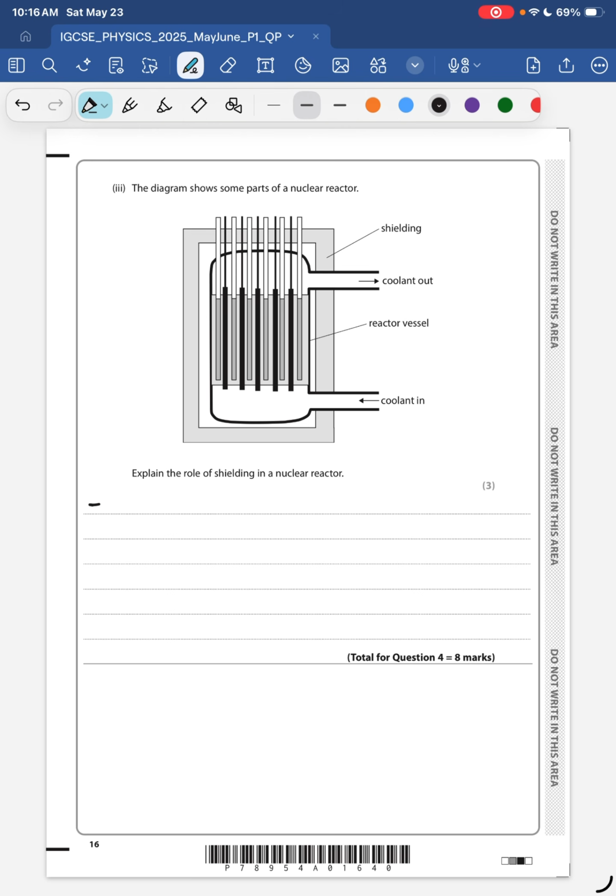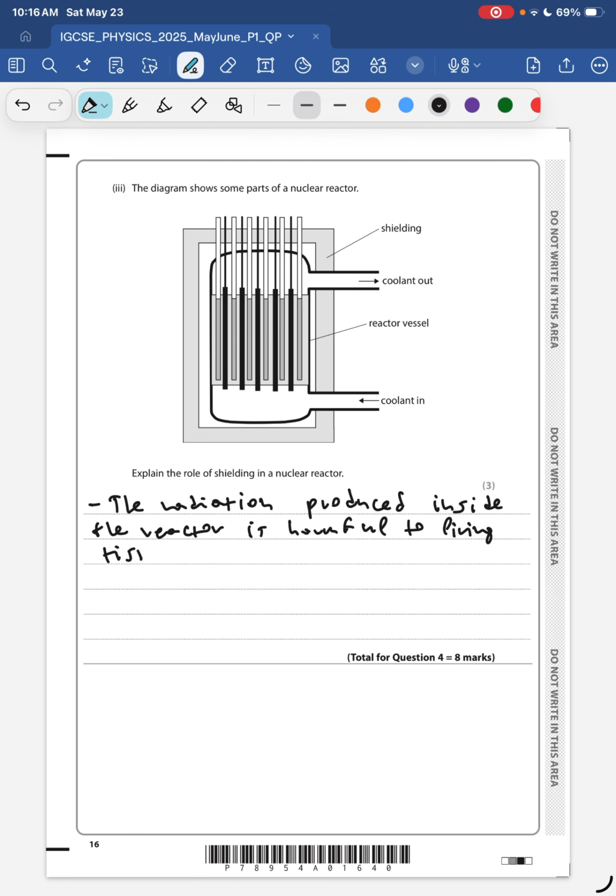So the radiation produced inside the reactor is harmful to tissue, to living tissue. Okay, so the shielding absorbs the radiation before it can escape.